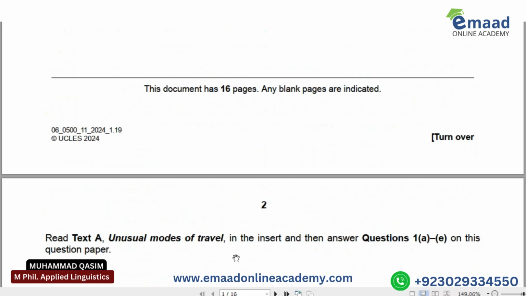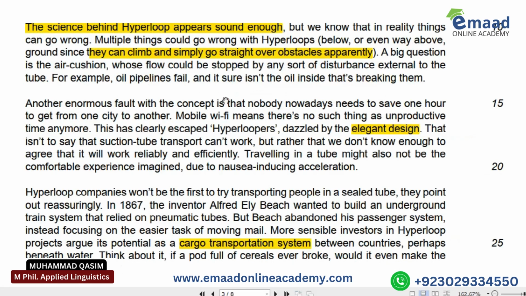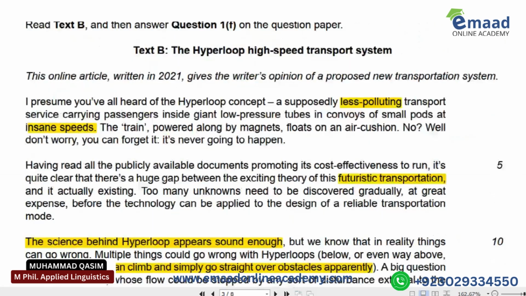As I told you, question number 1 contains two things. One is comprehension questions that are based on reading text A. Here is reading text A. Hopefully you will be able to see it on my screen.